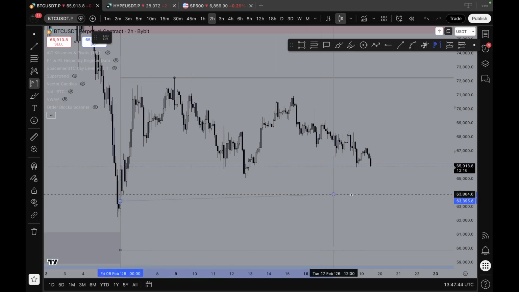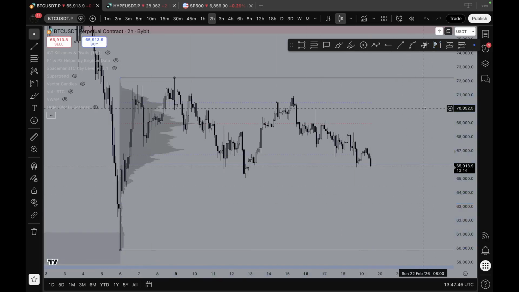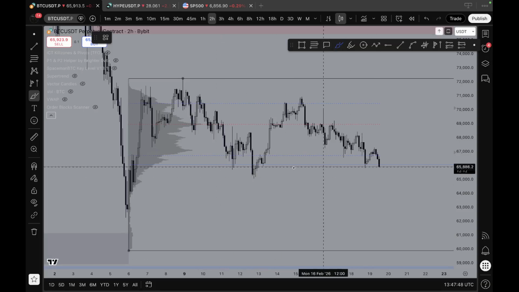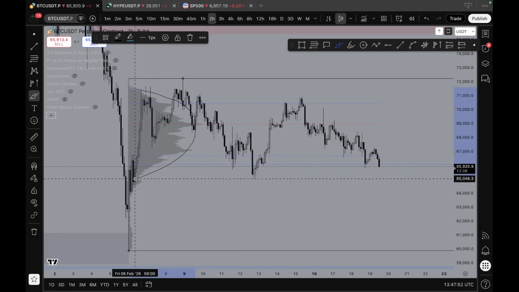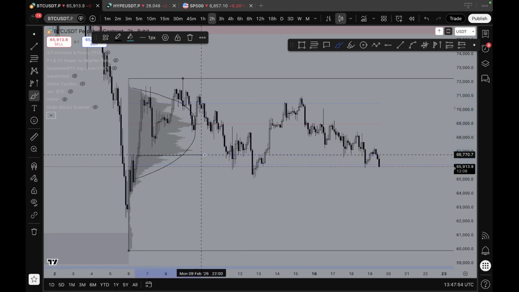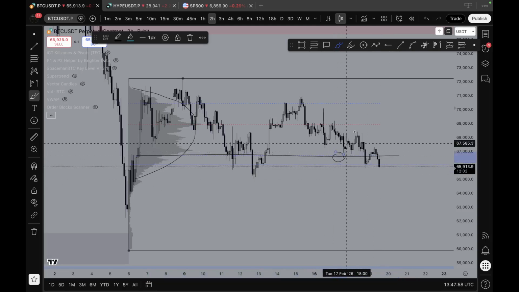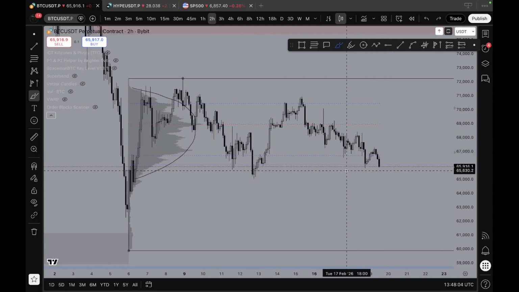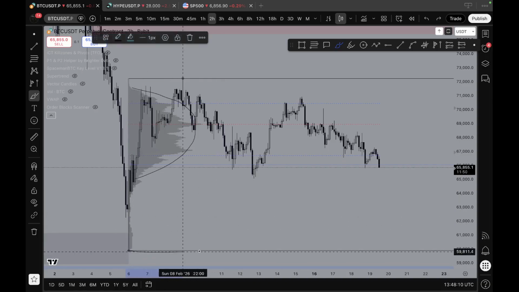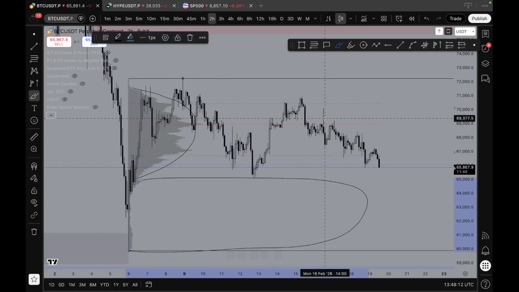If we quickly look at the volume profile, then we can see that all the volume of this range has been in this part, which means that this is also our range low level. And we tested it right here, we bounced from it, we came below it yesterday, bounced from it, and right now we are back below it again, which means that if we don't see buyers step in here really soon, then it can be a really quick move towards the lower part of the range.